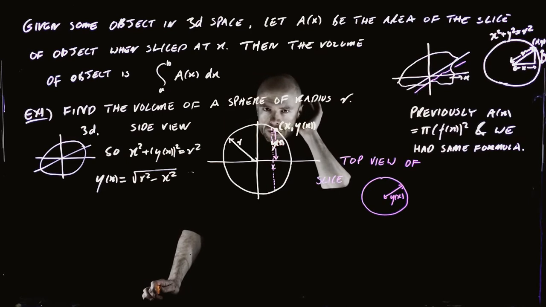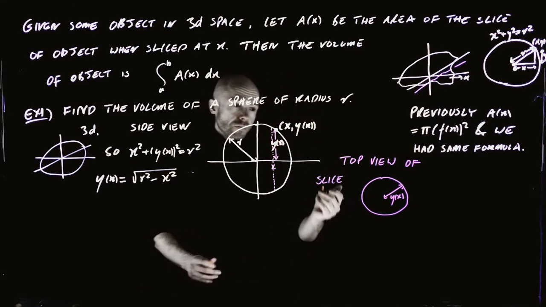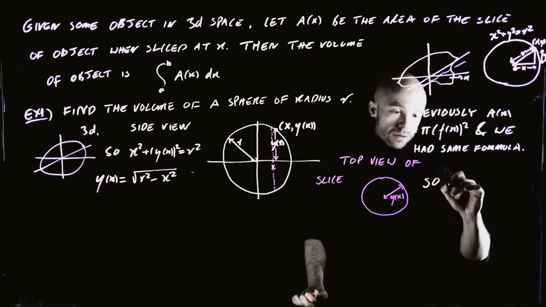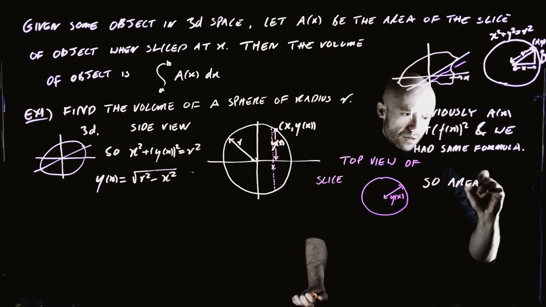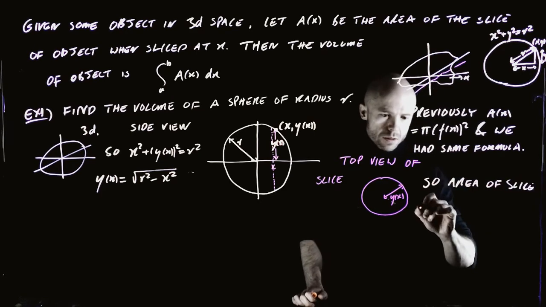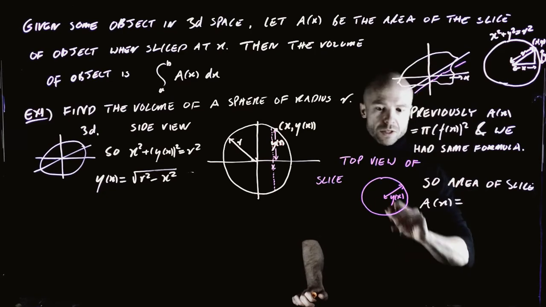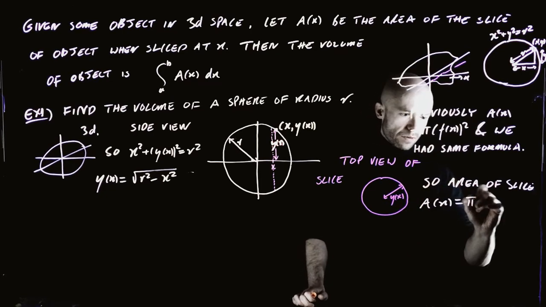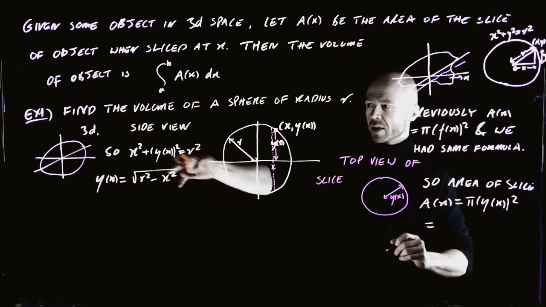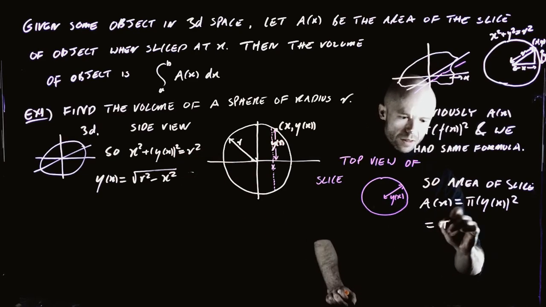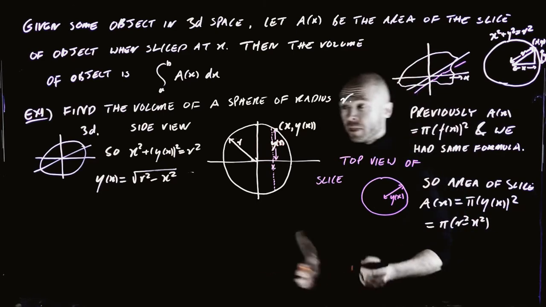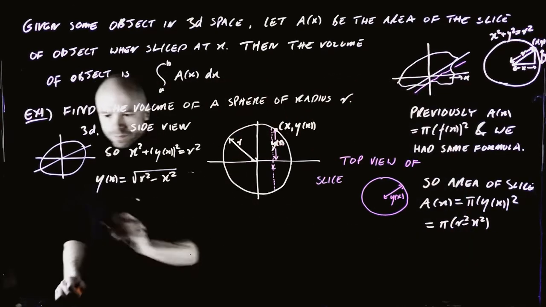Since that's the top view of the slice, the area of the slice a of x is just pi times this quantity squared, right? And since we know what y of x is, it's just pi times r squared minus x squared. And then we just use our formula.